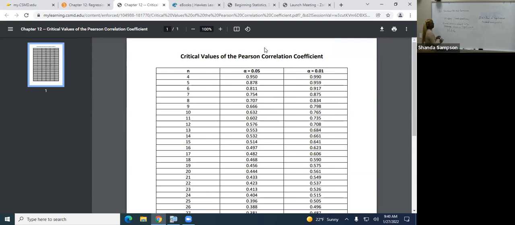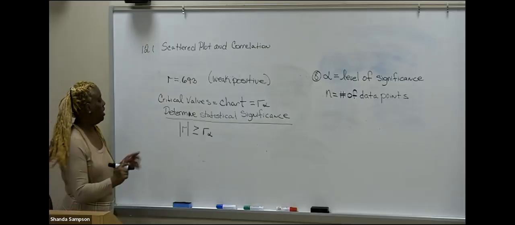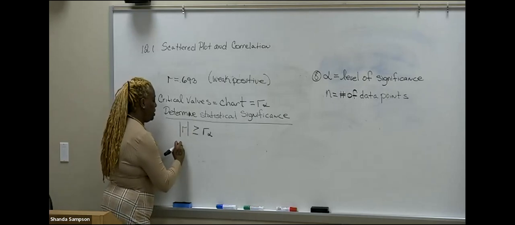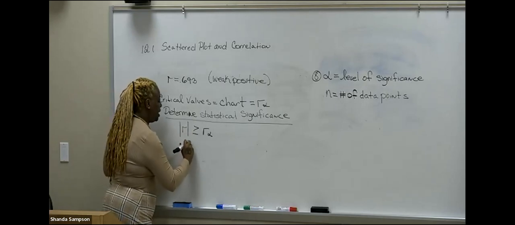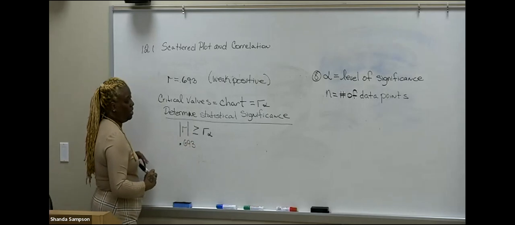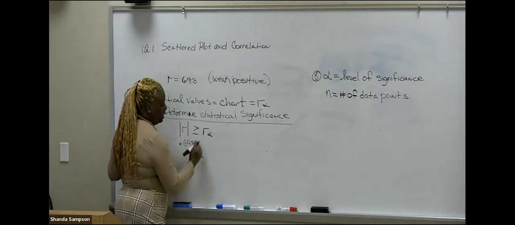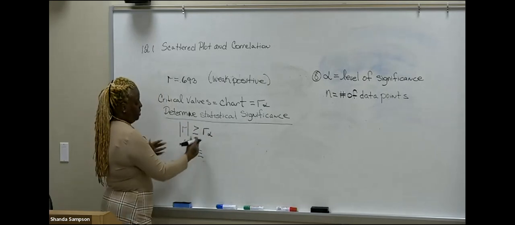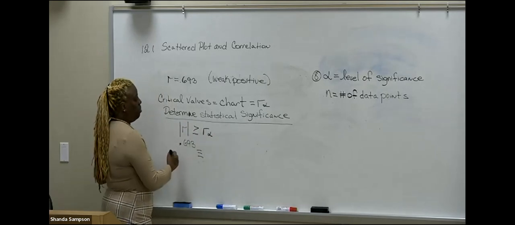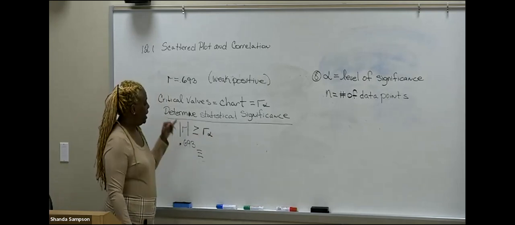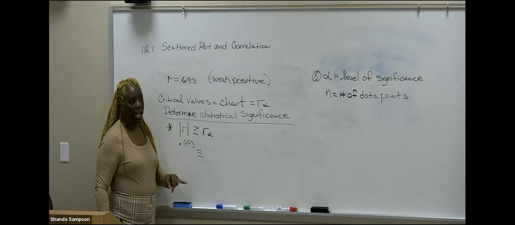So we got here our R, since it's already positive, is going to be 0.693. Now, I leave a little space here, this is the formula, to say if that could be greater than, but we know it's only statistically significant if this is greater than what you find on the chart.